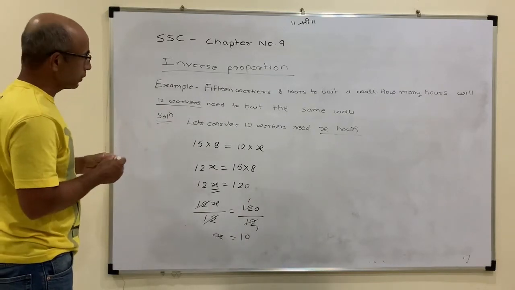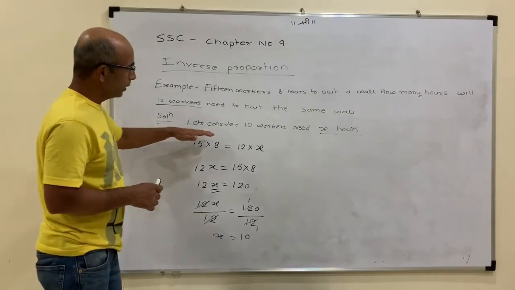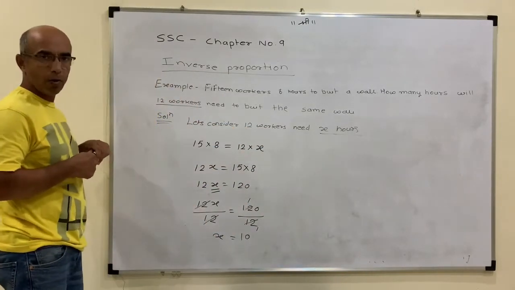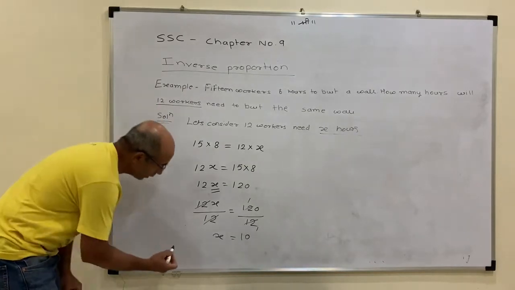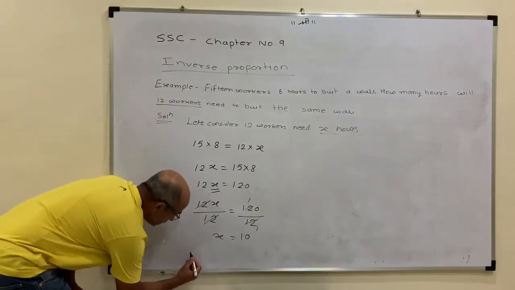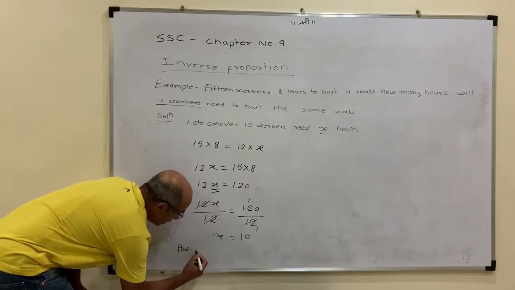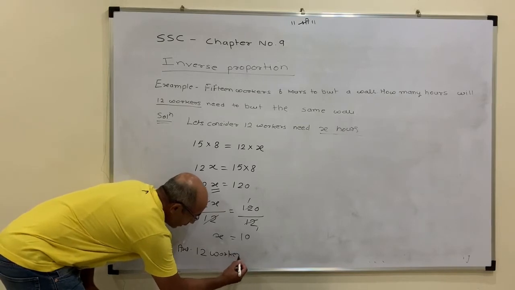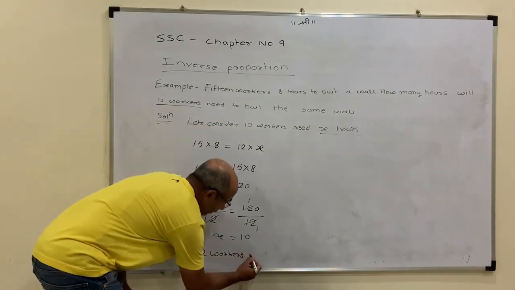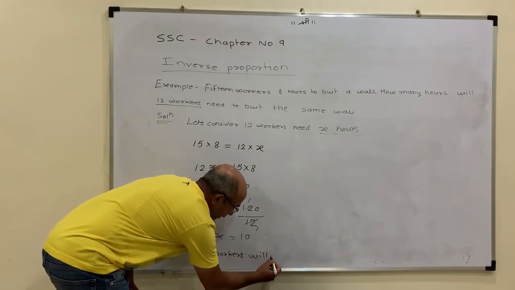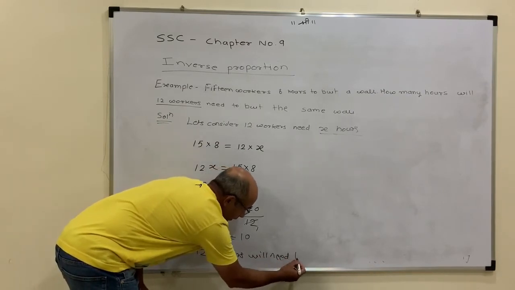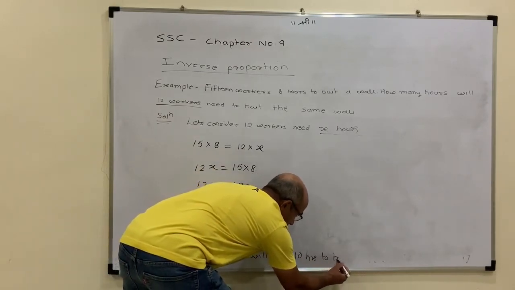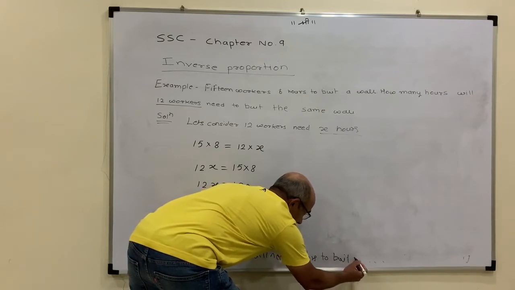So my answer comes out to be: 12 workers need 10 hours to build the same wall. You need to write the answer in words. So your answer should be like this. Answer: 12 workers will need 10 hours to build the wall.